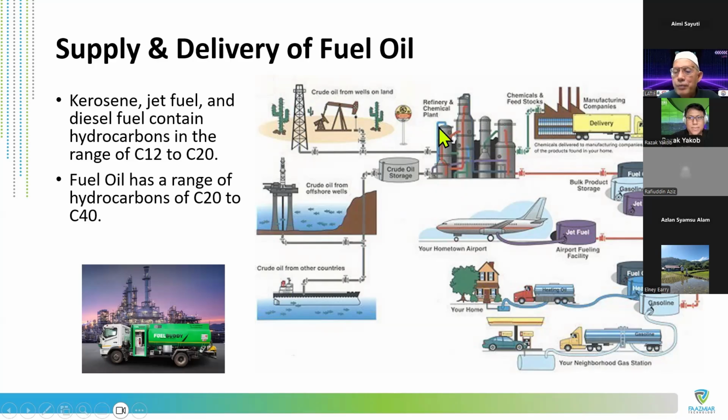So once you have refined the products, then you go to the feedstock for manufacturing companies. Some will be using some of the gas for power plants. Some will be using the gas for fertilizer. Some will be using it for detergent or gum.